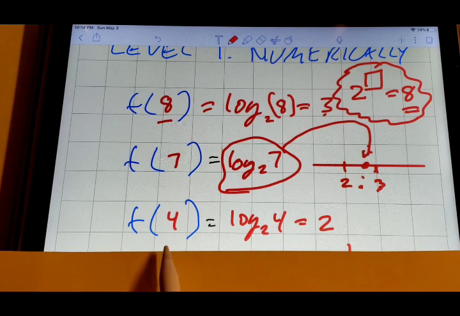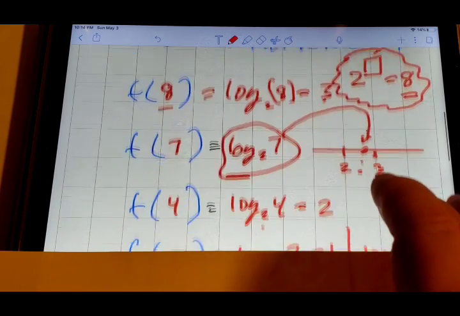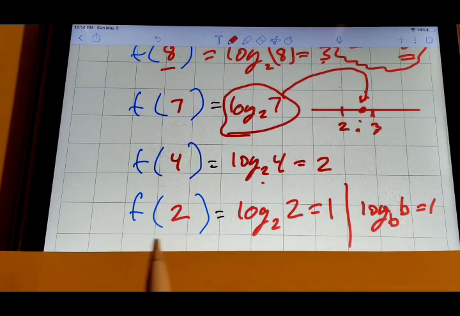But keep talking about doing this numerically. There are some numbers that do work numerically. 4. Log base 2 of 4. What exponent do I put on this 2 to get that 4? The answer is 2. I think this pattern is probably worth just pointing out. Log base 2 of 2. It's asking what exponent do I put on 2 to get itself. In other words, log base b of b.